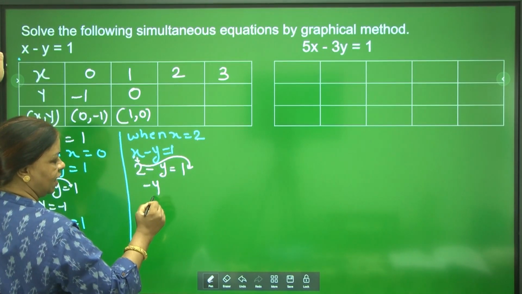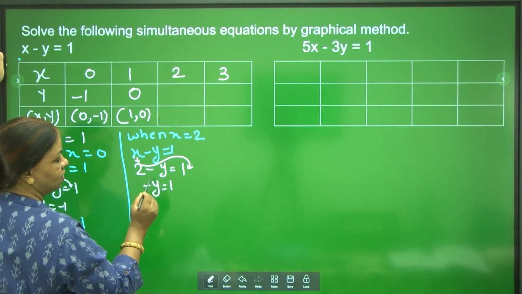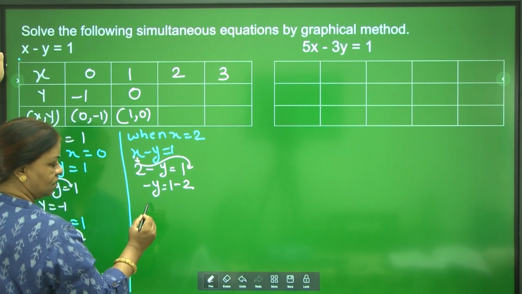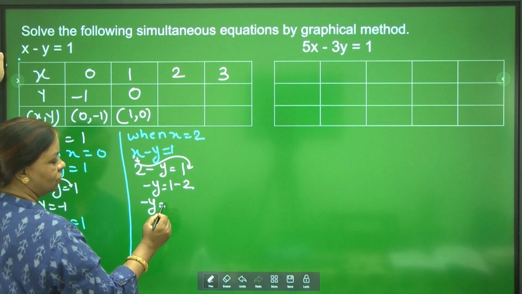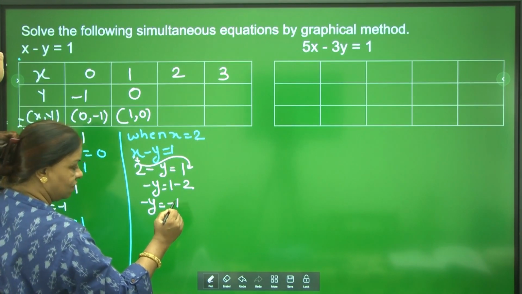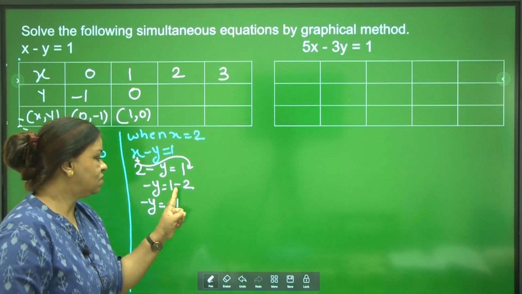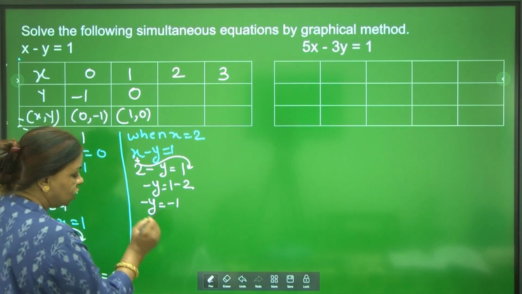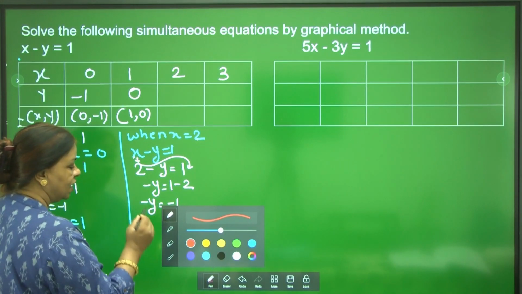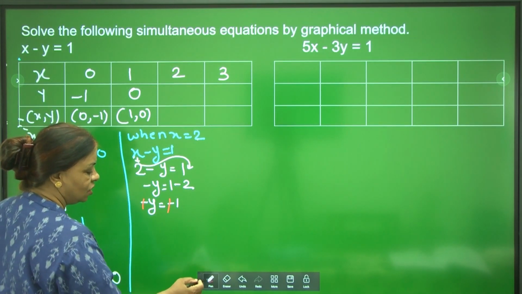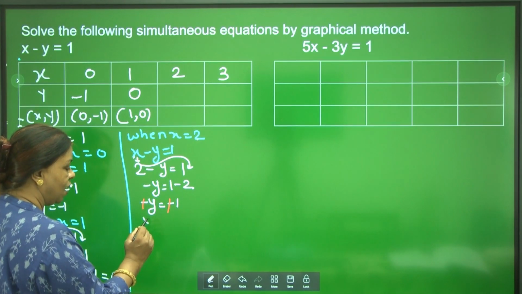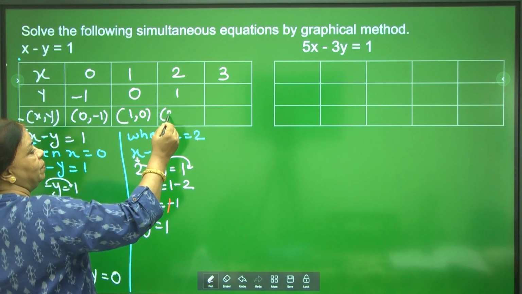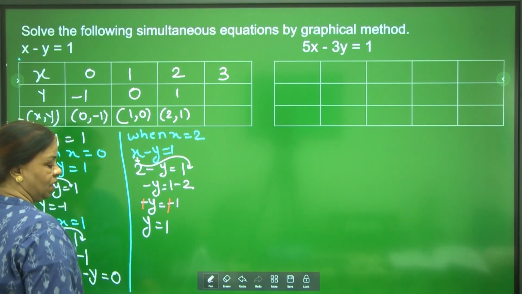So minus y is equal to 1 minus 2, which is minus 1, because one is plus and one is minus, so they will be subtracted. Now both are minus, so minus and minus will cancel. So what will your y be? Your y will be equal to 1. Your coordinate will be (2, 1).